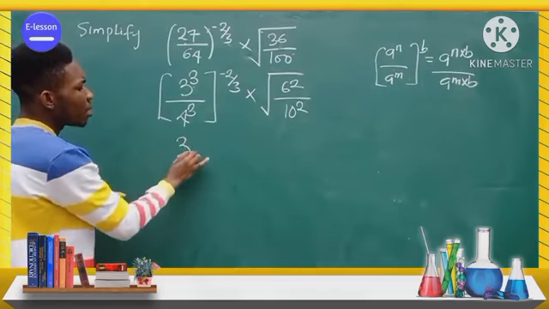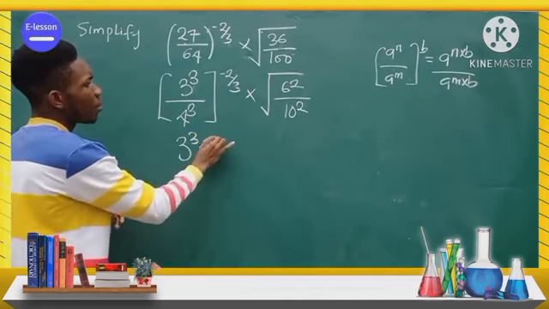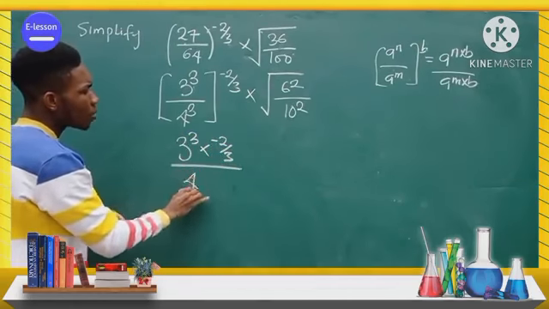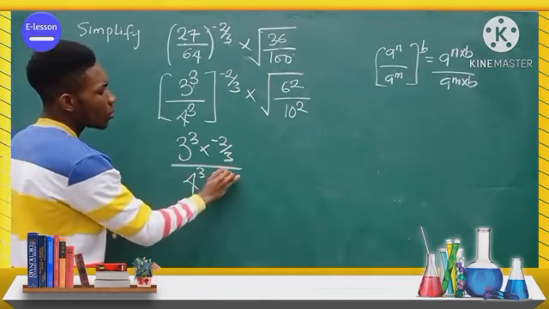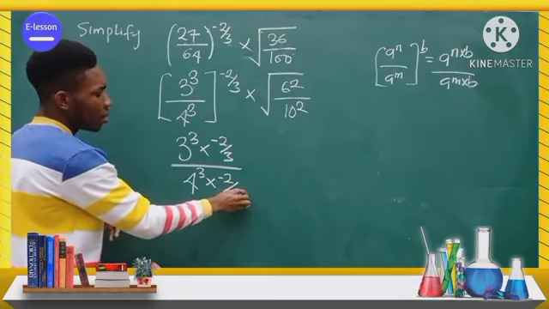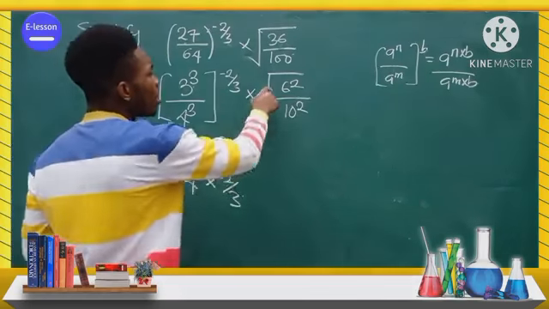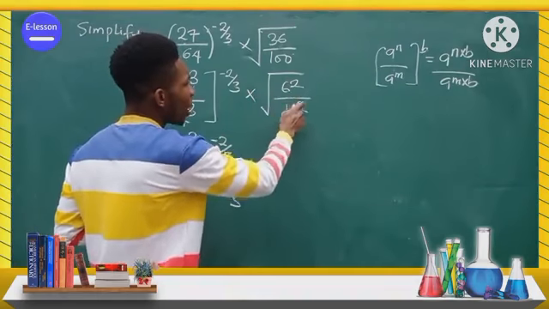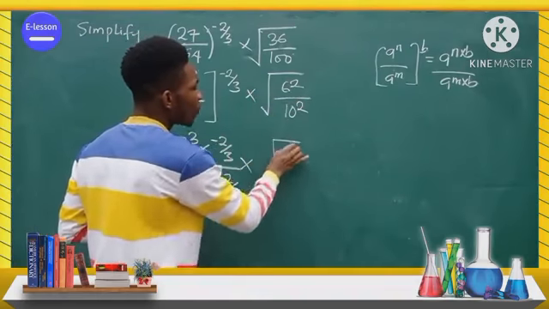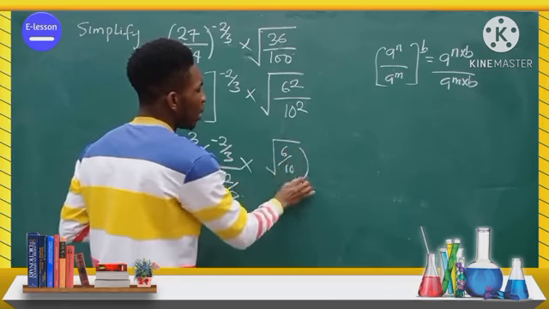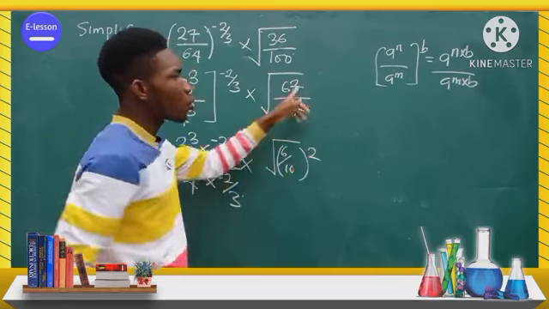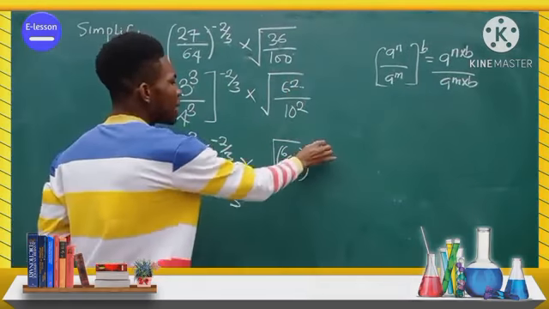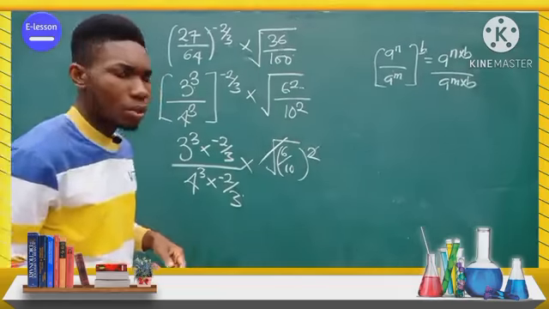So this gives us 3 times minus 2 over 3, divided by 4 raised to the power of 3 times minus 2 over 3, times the square root. It's still the same thing as when you have a square, you can still write it as the square root of 6 over 10, everything in brackets was squared, on top and bottom.